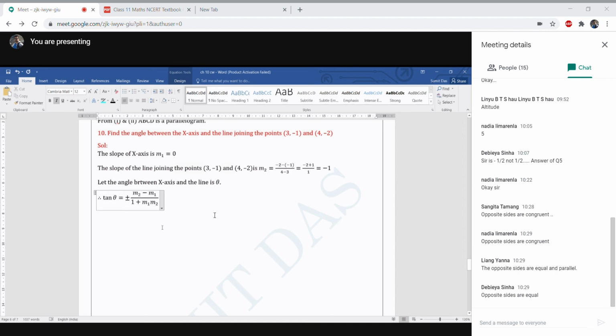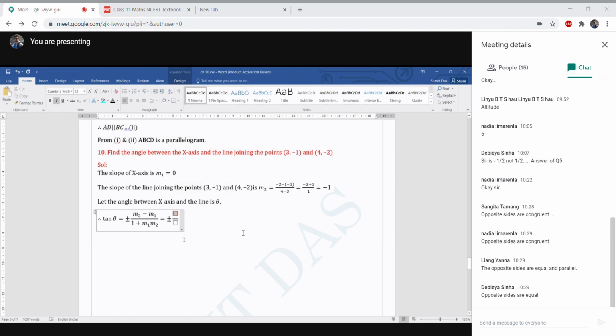Put the values. M2 is -1, M1 is 0. Denominator 1 plus M1 M2, with M1 0 and M2 -1. If you simplify this, you will get plus minus, numerator -1, denominator 1. 1 plus 0 is 1, so ultimately the answer will be plus minus 1.